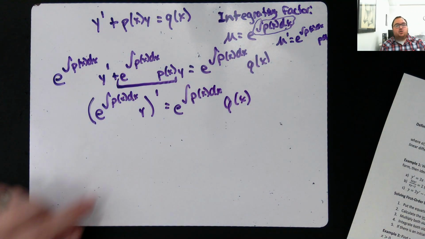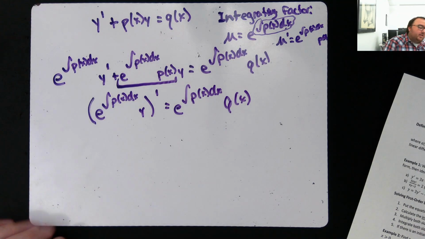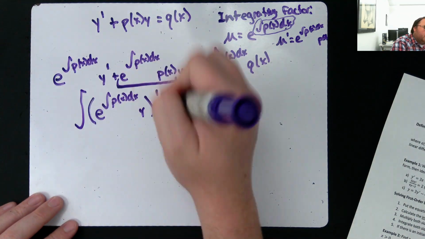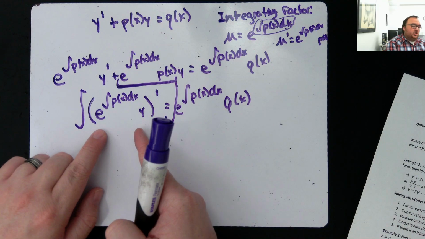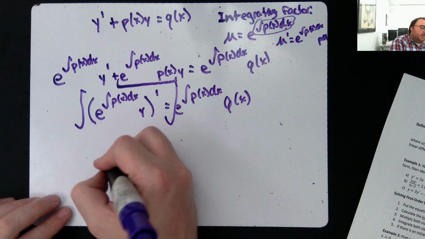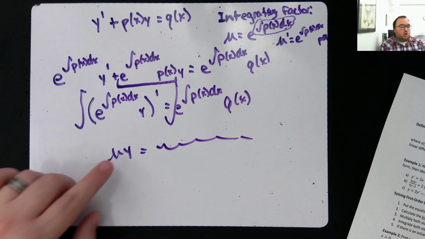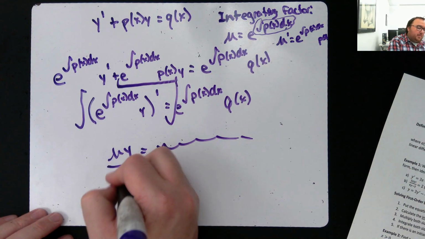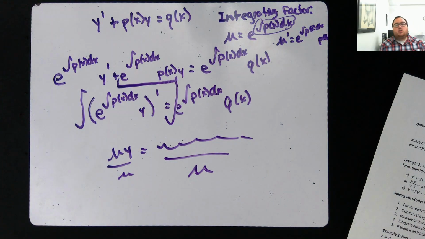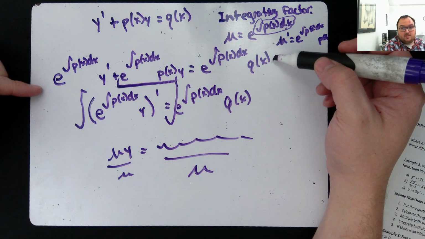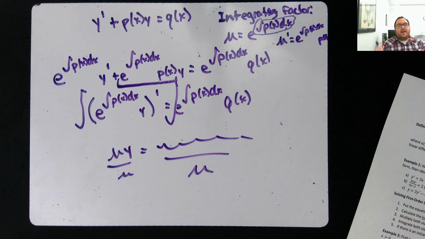So what this means is to solve it for the y, all I've got to do is take the antiderivative of both sides, which is going to just leave me with mu times y equals whatever that is. So to solve it for the y, just divide by mu. So even though it looks worse, it's going to help us out a lot and make these things not very hard. Okay. So let's do some examples.